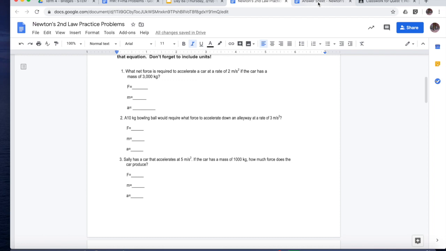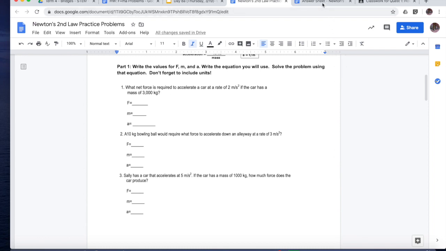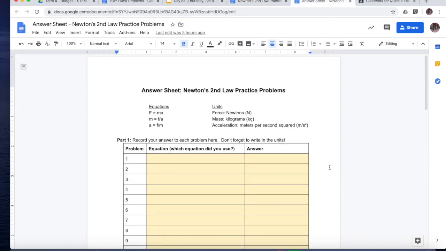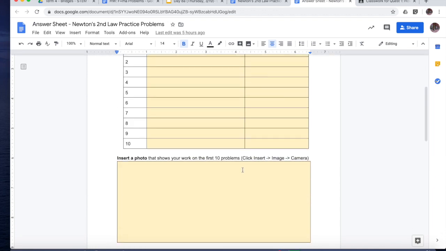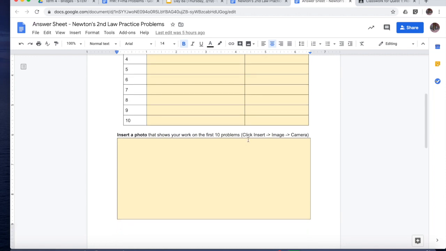And then I recommend doing it on a separate piece of paper, but if you have a printer at home, you can print this out, do it right there, and then here's your answer sheet. So you're going to write, for problem 1, the equation that you used, the answer. You're going to insert a photo that shows your work from the first 10 problems. It gives you a little hint.